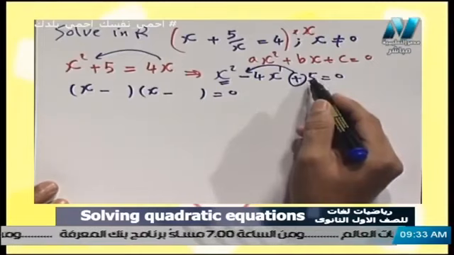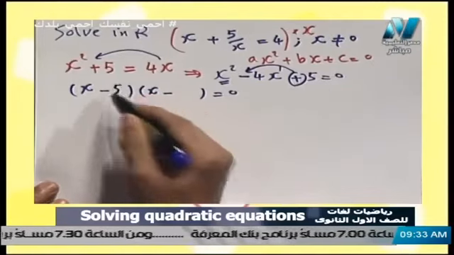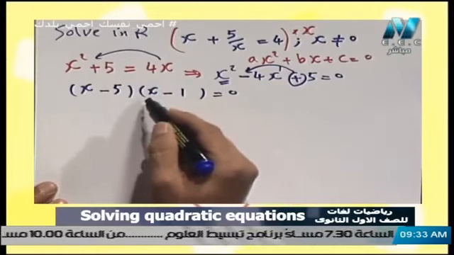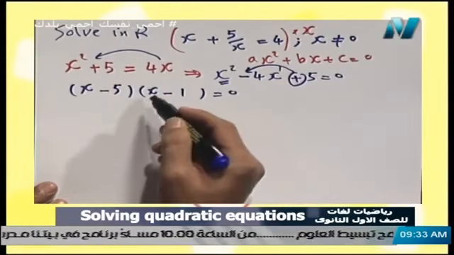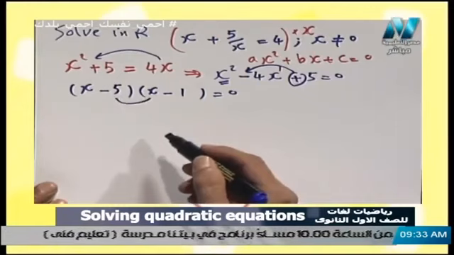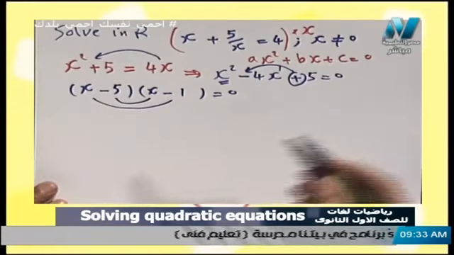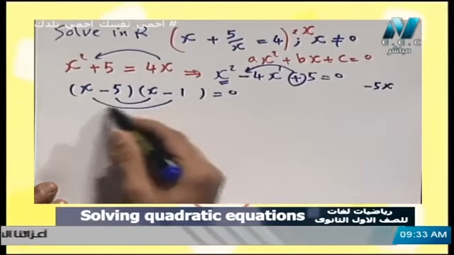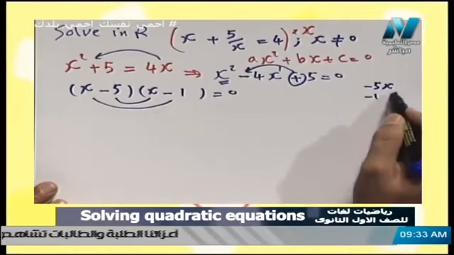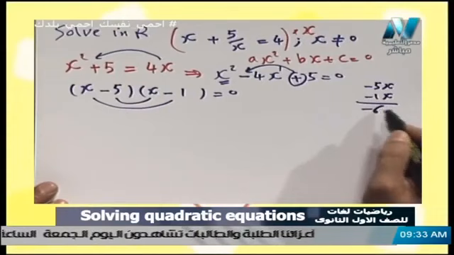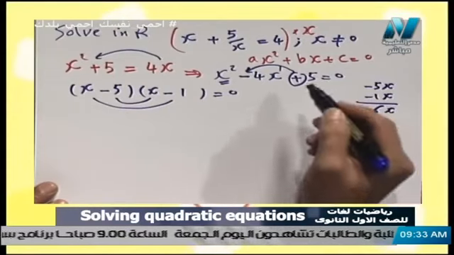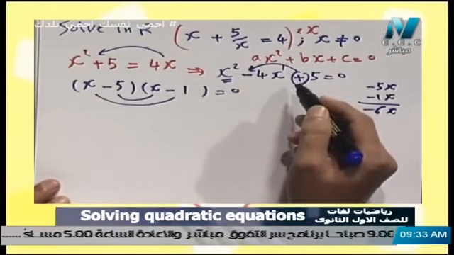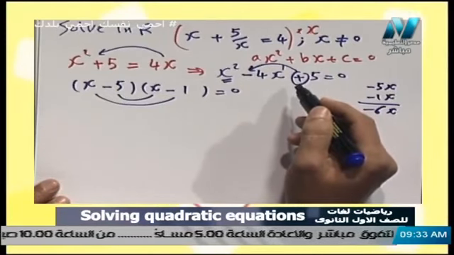And 5 here is 5 multiplied by 1, or 1 multiplied by 5. To find out if the solution here is right, we find the product of means and product of extremes. Product of means negative 5x, and the product of extremes equals negative 1x. Their sum, of course, equals negative 6x, and this is, sorry, here we have something wrong.